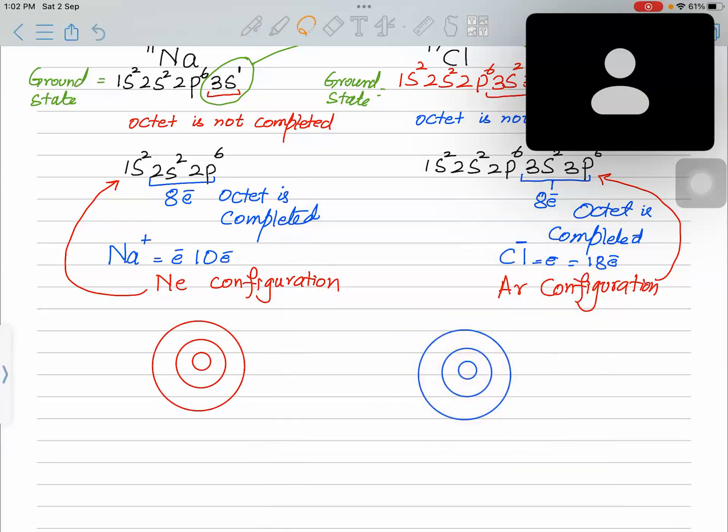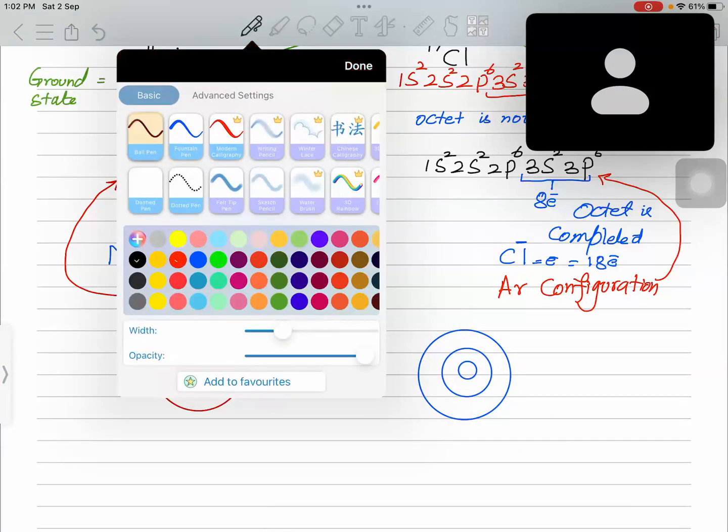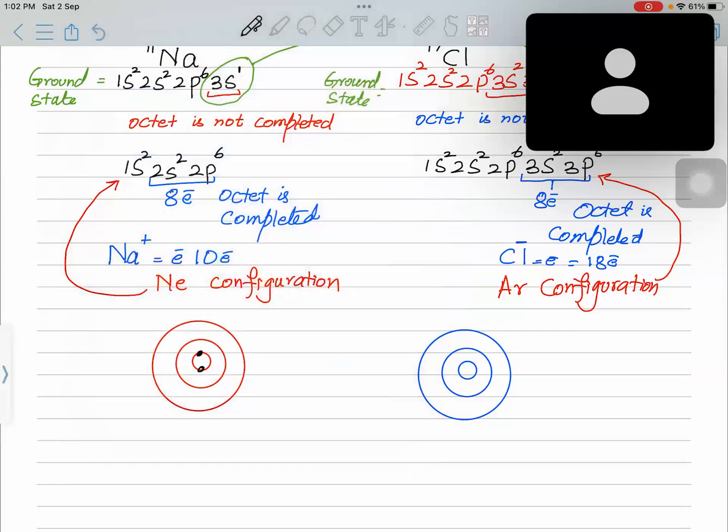Sodium has 1, 2, 3, 4, 5, 6, 7, 8, 9, 10, 11 electrons. Chlorine has 8 electrons in its outer shell. So this is sodium and this is chlorine.